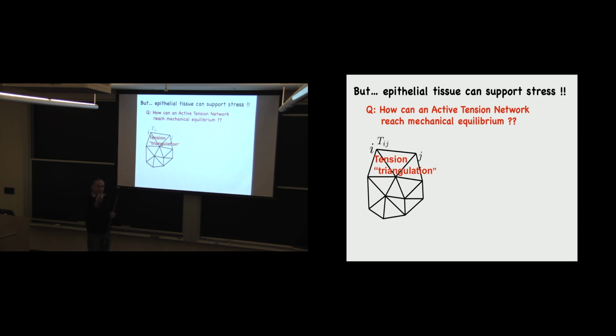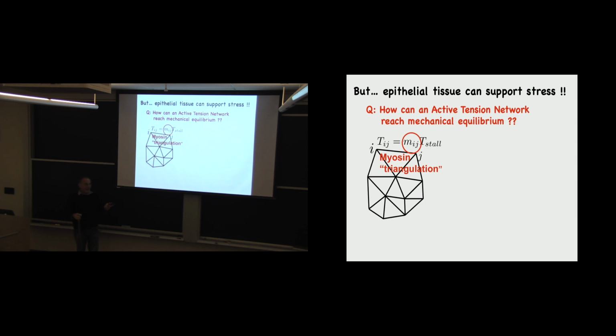And I just told you that local tension, myosins on each edge, have to be at stall. In order to get tensions into equilibrium, we have to get just the right amount of myosin on each and every edge.